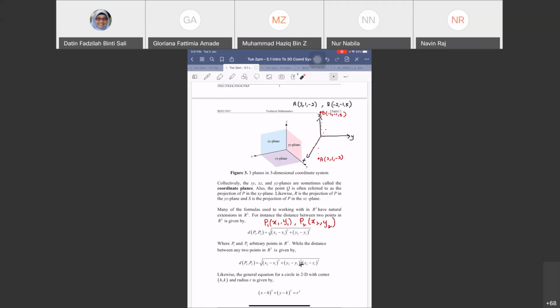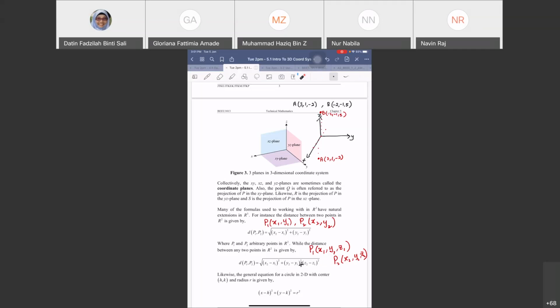That means say P1 is your x1, y1, z1, and then your P2 has this coordinate x2, y2, and z2. So you just need to extend it. The formula for distance is the same, except you have one additional coordinate to compute for the z.